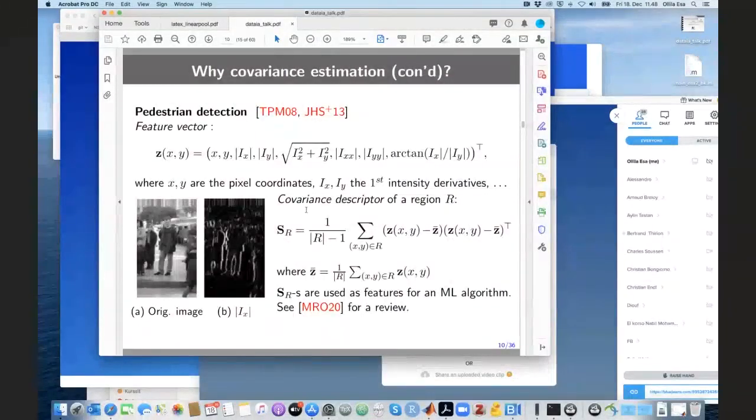These covariance descriptors have useful invariance properties. They are not so sensitive to illumination conditions, and that's why they are very useful for computer vision applications. So your covariance descriptors are features that you give to a machine learning algorithm. We have a recent paper that gives an overview of these methods and how to use these covariance matrices, in the following paper here.